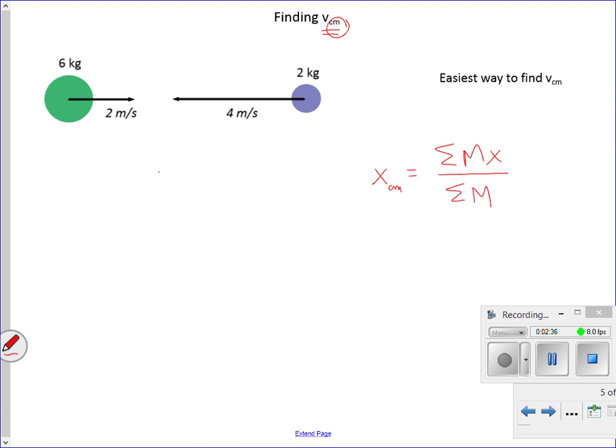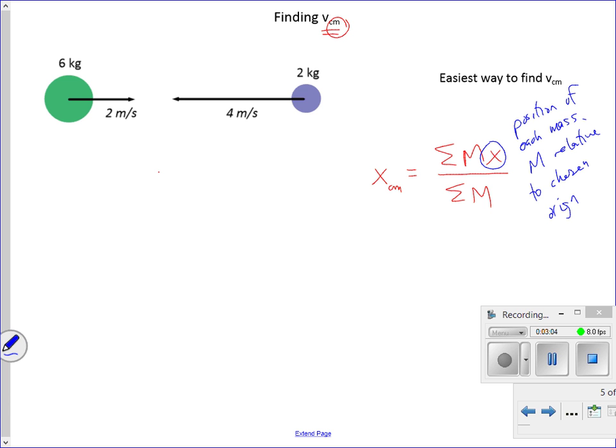This says we can look at where each object is. This is the position of each mass m, relative to a chosen origin.